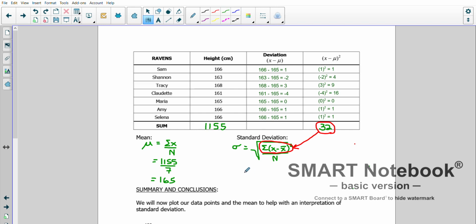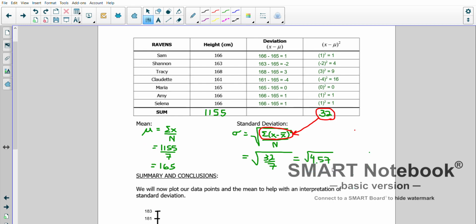When we finish this calculation, it's going to be the square root of 32 divided by 7. So, final answer coming up, 32 divided by 7. So it's going to be the square root of 4.57.